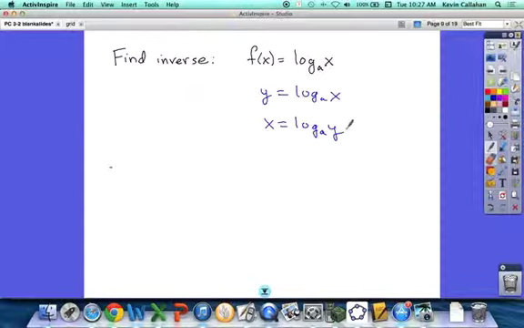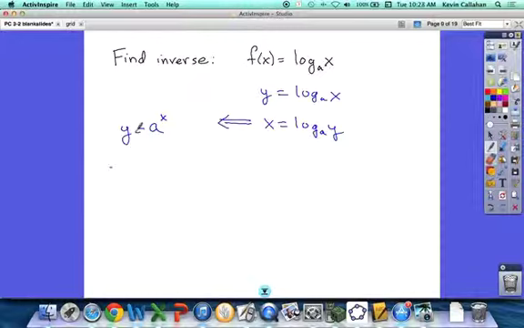But the y is inside the logarithm, so we can't divide by the letters log. Instead, we're going to convert it to an exponential. What will the exponential look like? The base of the exponential will be a. The exponent of the exponential is x, which makes y equals a to the x. So by converting it to an exponential, we did solve for y.